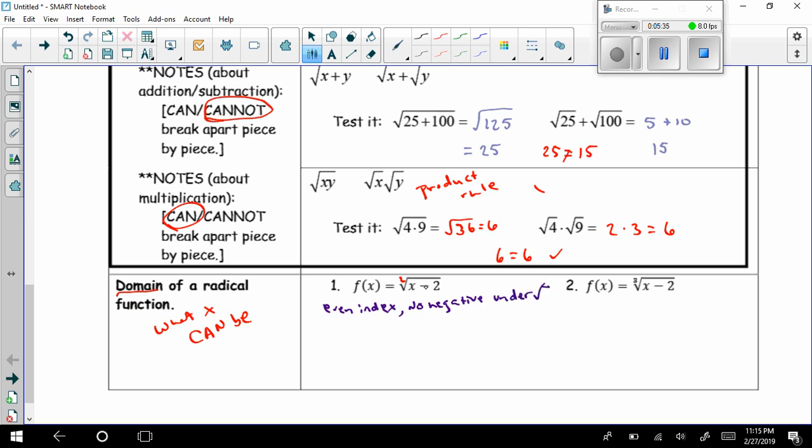I just used the symbol, which means that x minus 2 needs to be greater than or equal to 0, which means that x needs to be greater than or equal to 2. So this is your domain value. Interval notation for that would be 2 bracket, sorry, it's included, to infinity. So anything above 2 is fine. So this is your domain.